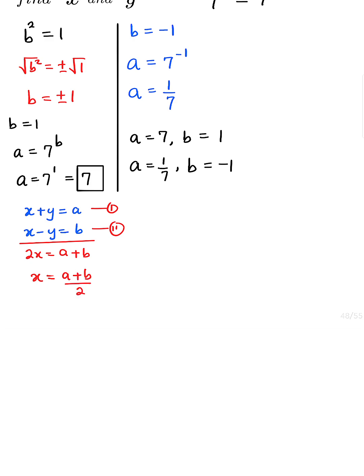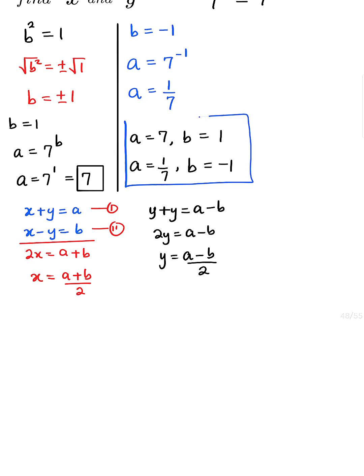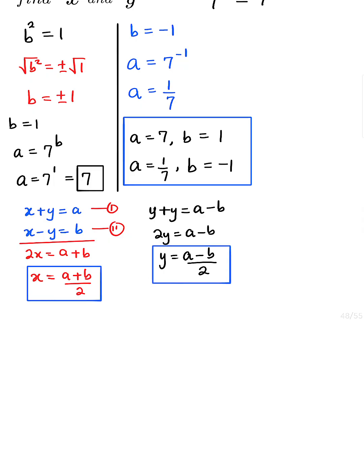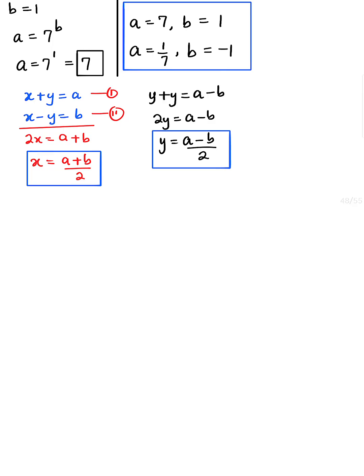Now if we do equation 1 minus equation 2, we end up having y plus y equals a minus b, which gives us 2y equals a minus b, then y equals a minus b all over 2. Let's record these answers here. We'll be making use of this for x, and this for y. So let's dive into that.